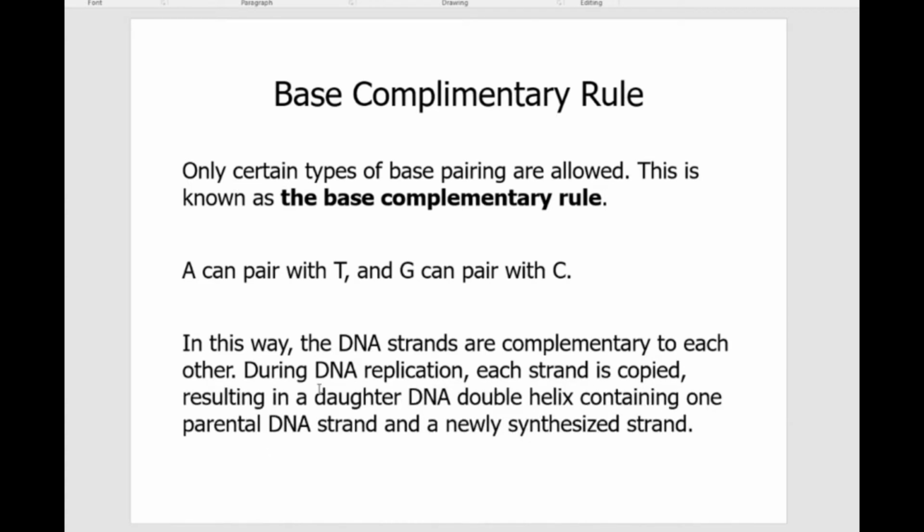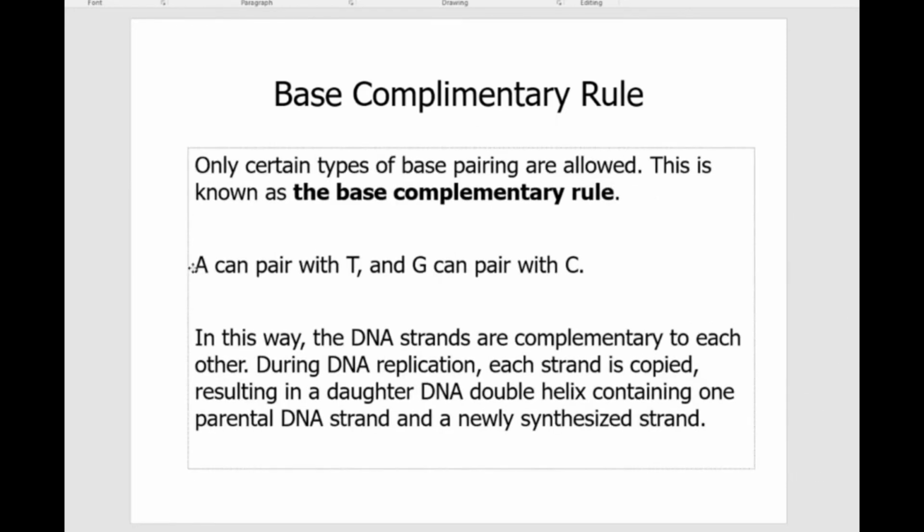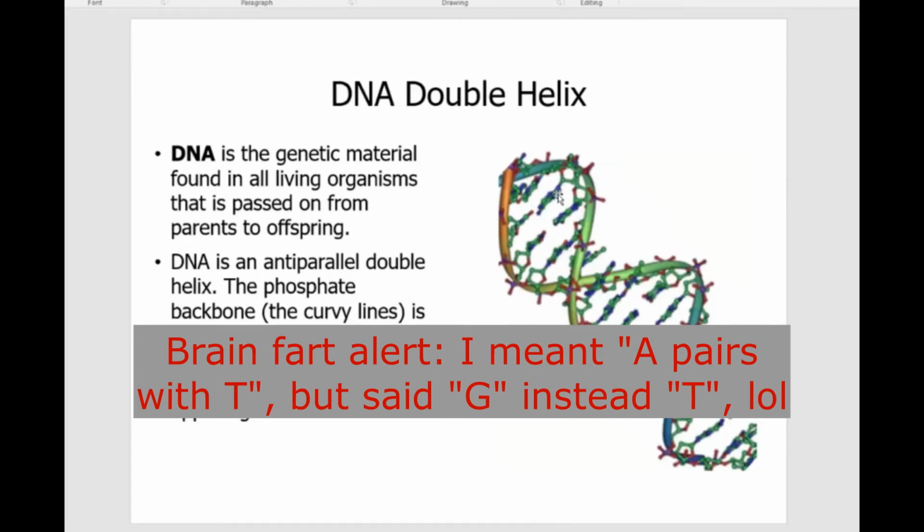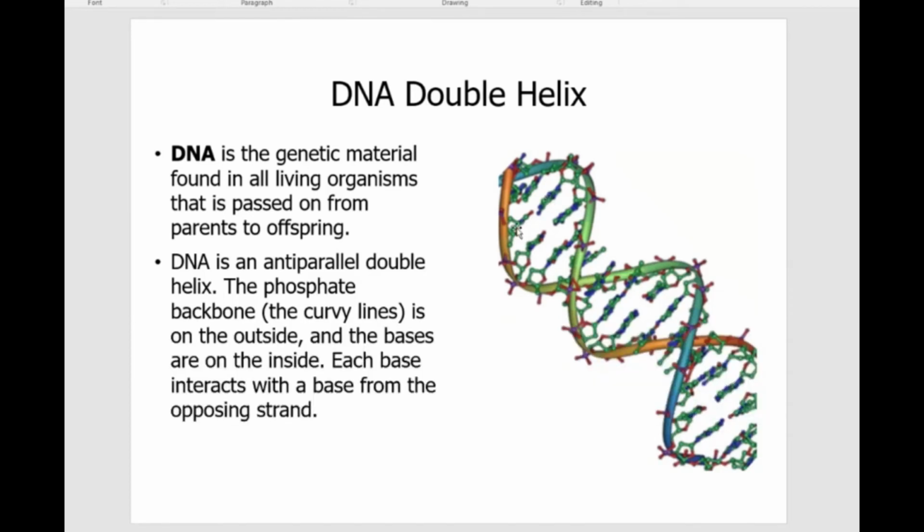So we're going to use the nitrogenous bases to pair with each other to link the 2 strands together. So here's the rule: A pairs with T, and C pairs with G. So if this is A, then this has to be a T, because A pairs with T. If this is C, then this has to be a G, because C pairs with G.